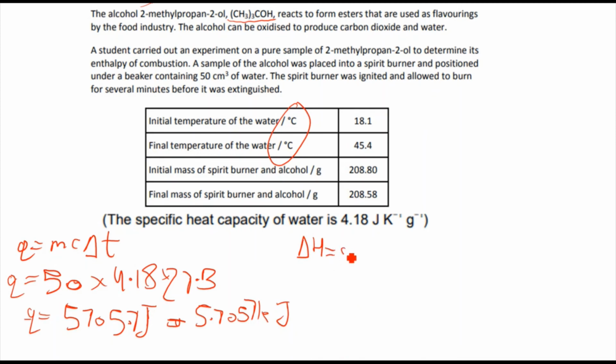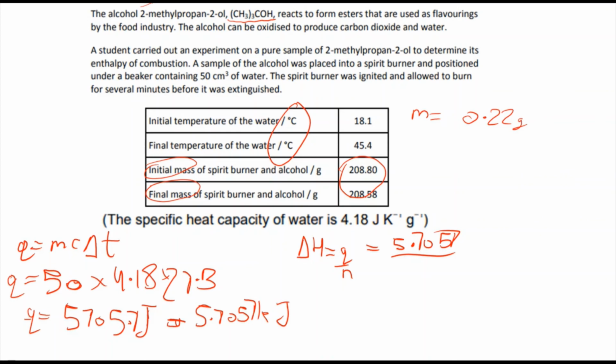So enthalpy change is equal to Q divided by n. So again, we have 5.7057 divided by, so now we need to find the moles. So for this, we've been told the initial mass and the final mass. So if I find the mass change now, I do 2.880 minus 2.858, and I just get 0.22 grams.